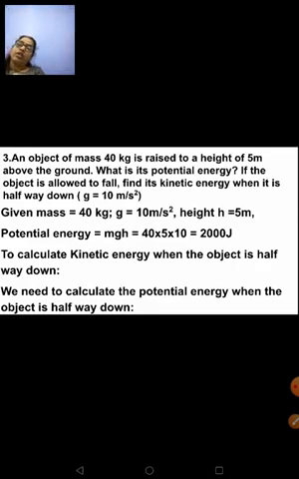Now, you have to calculate the kinetic energy when the object is halfway down. To do that, you need to calculate the potential energy when the object is halfway down.